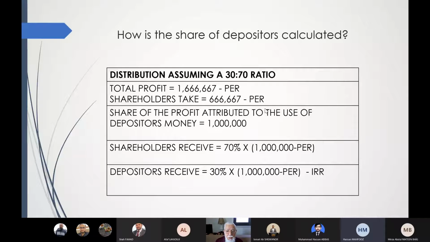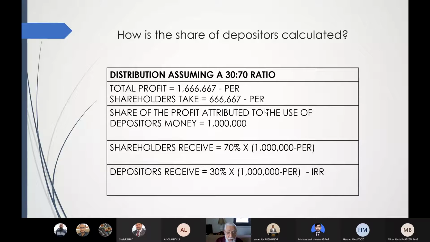Okay. So according to AAOIFI, then, it should be taken from the Mudaraba profit, not from total profit. And it doesn't really make much sense, because the displaced commercial risk talks about general reserves, not a reserve only for the share of the depositors.